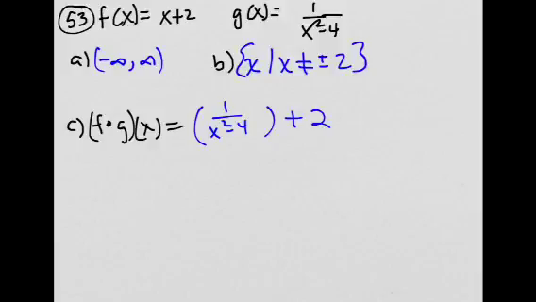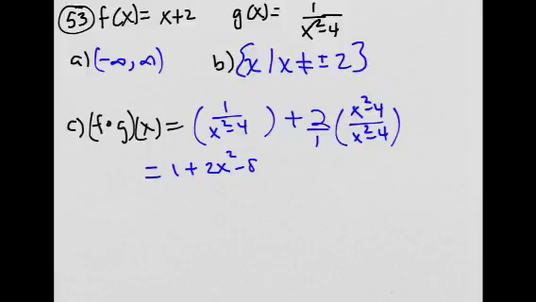So to combine the two terms, I'm going to put a 1 underneath and multiply this with the least common denominator, which is x squared minus 4, both in the numerator and denominator, because this fraction has to equal 1. Okay, this one always has to equal 1. So distribute the 2. And then we have 2x squared minus 7.